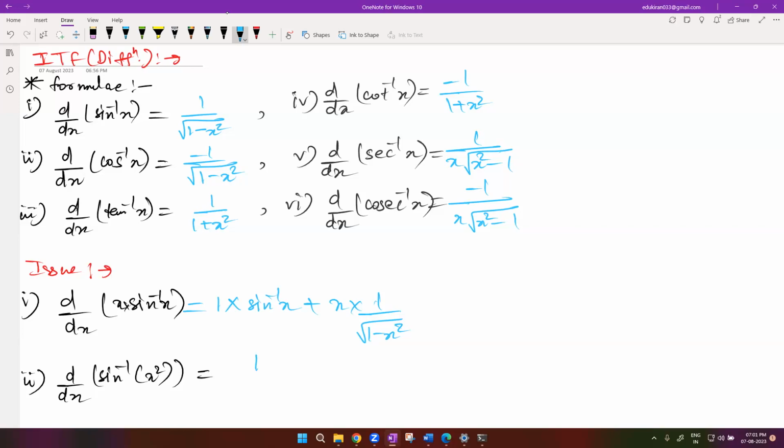It will be 1 by root over 1 minus input square. This time input is x square itself. If you are squaring x square, then you will get x to the power 4. After this, we reach x square and differentiate x square. Differentiation of x square will be 2x.